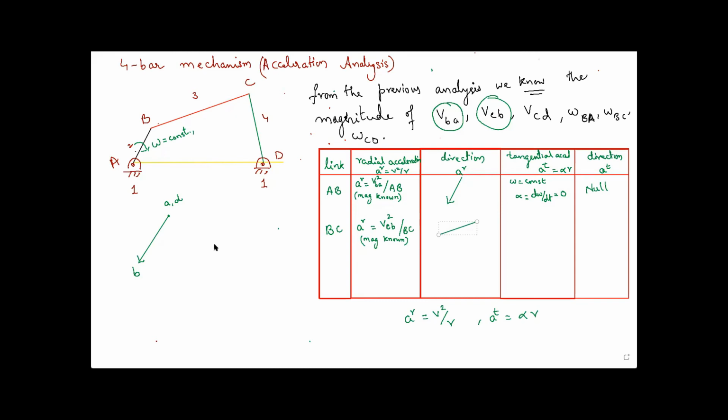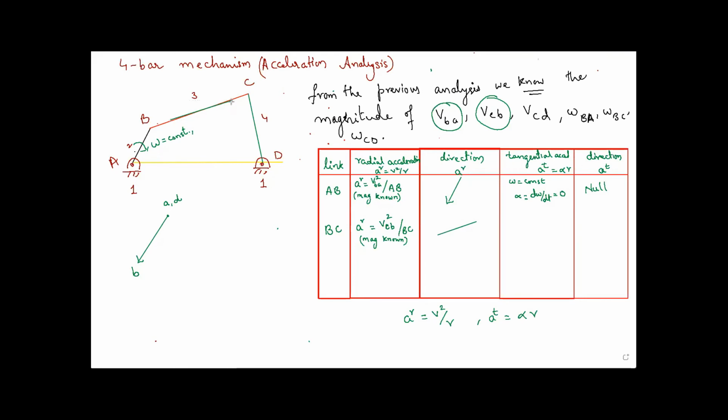And the same thing I'm going to draw over here because the magnitude is known, right? So the same thing I will draw here again. And it should be parallel, right? It should be parallel.